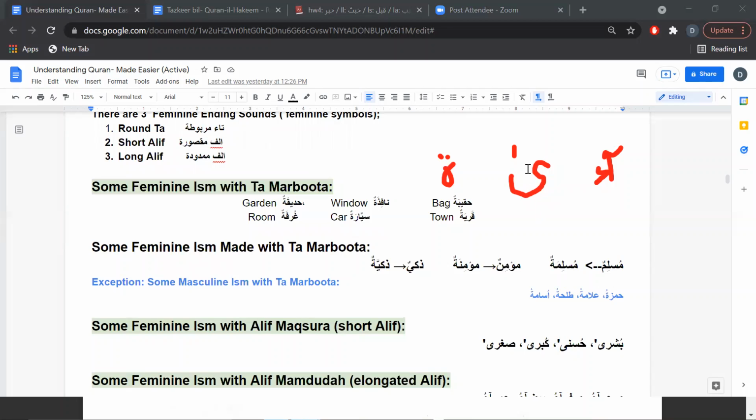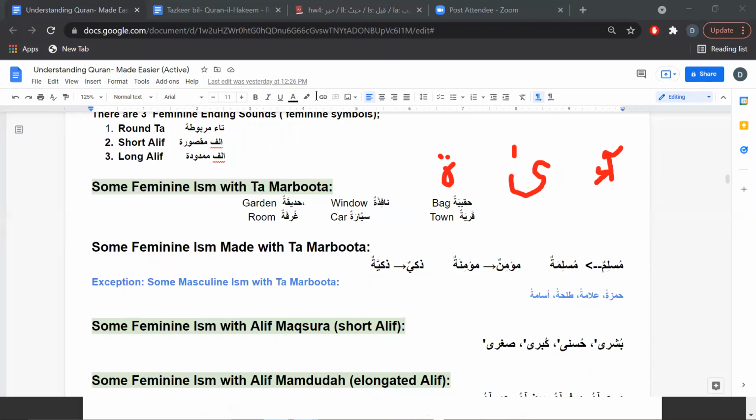The same way, in this short alif, we have an exception of Isa and Musa. Isa and Musa both end in short alif, but we know that these are masculine isms, right? So these are exceptions.